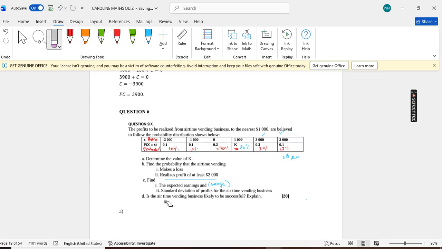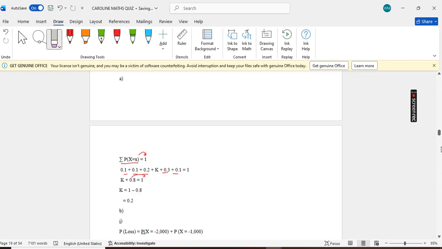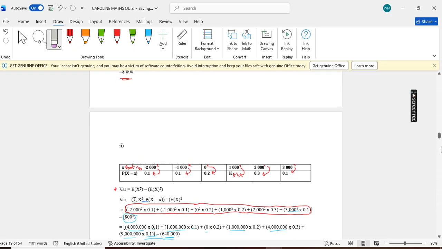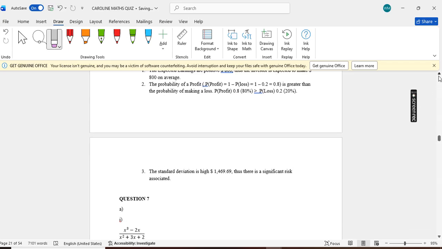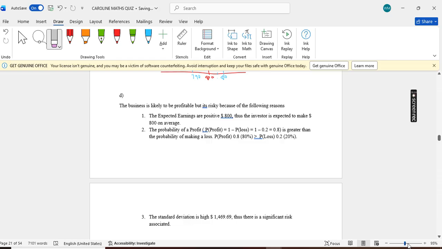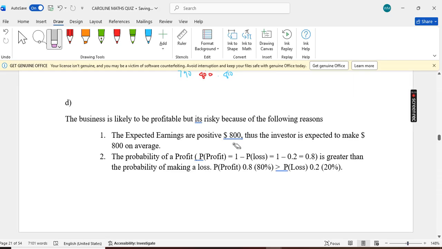So part D, is the airtime vending business likely to be successful? Explain. So there are going to be many criteria we're going to use to evaluate this industry. The first criteria we're going to look at is the average return. The average return is a positive value.